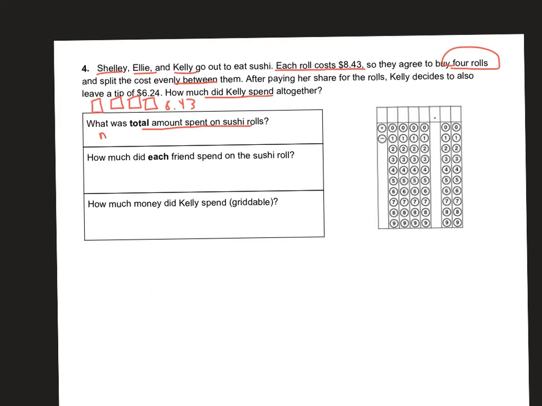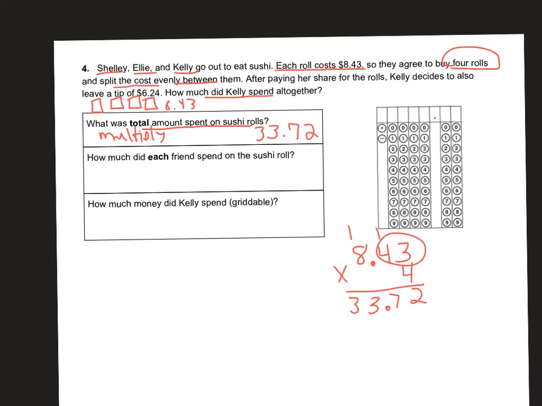That means I'm going to multiply here. And to show my work, I'm going to use my whiteboard down here. $8.43 times 4 rolls. I know that's 12, 16, and 17, 32, 33. So 8 times 4 is 32, so $33.72 is what was spent.